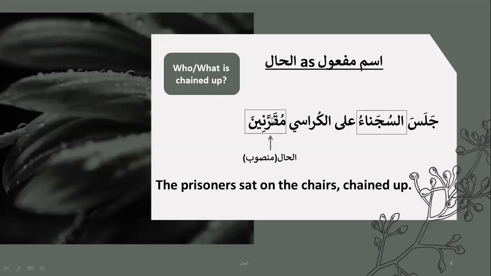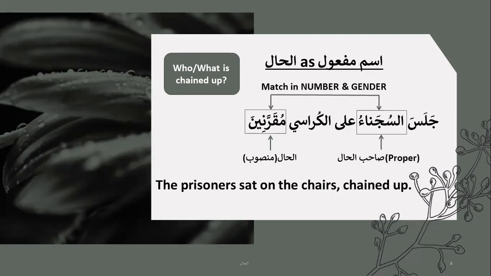So this would not have been mukarranina. It would have been mukarratan. So we can safely say that since this is your sahibul hal, which is proper, you can see that number, it's plural, and gender, this is also masculine, mukarranina is also masculine, so it is matching.